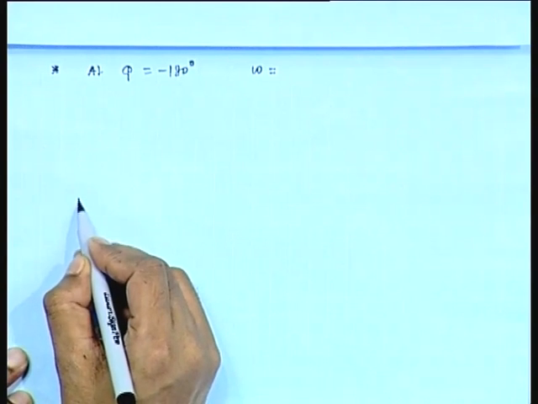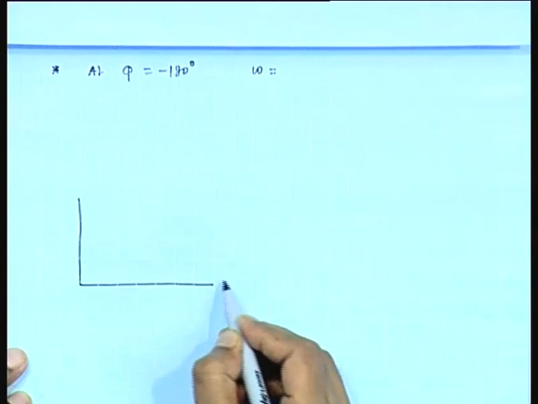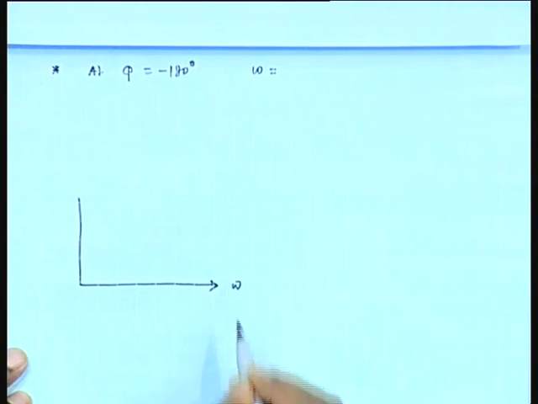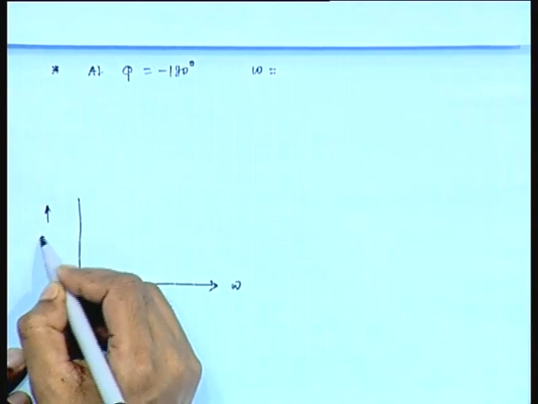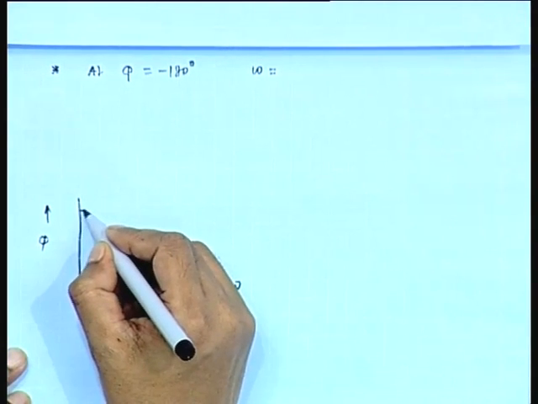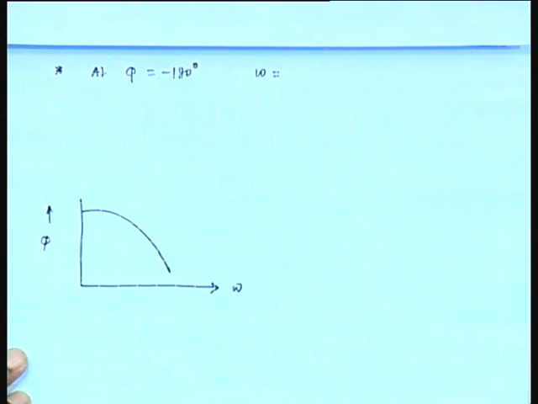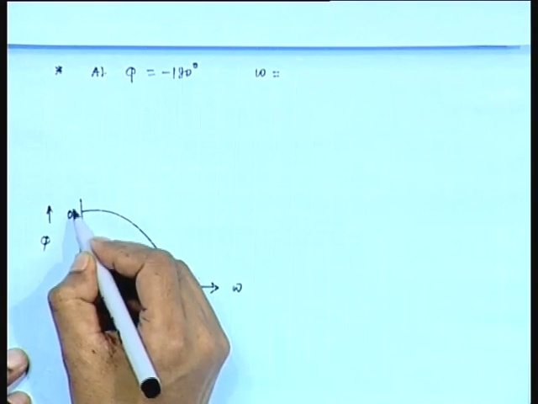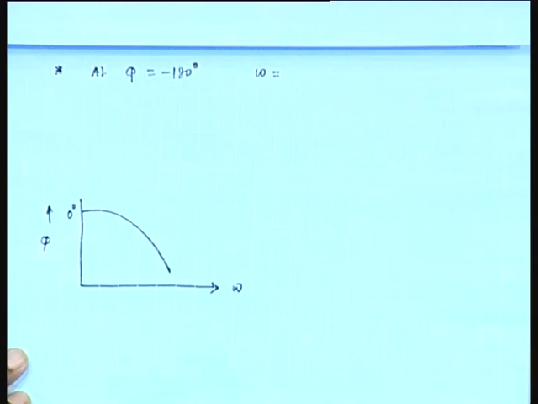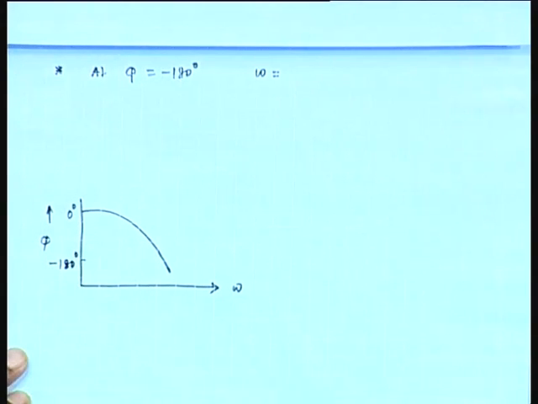So, we will try to show it in the Bode plot. This is omega, this is phi. Now, the plot is say like this. This is suppose 0 degree and this is suppose minus 180 degree.